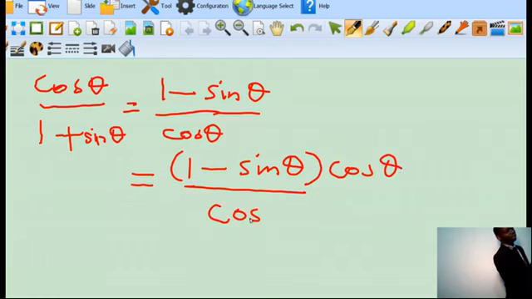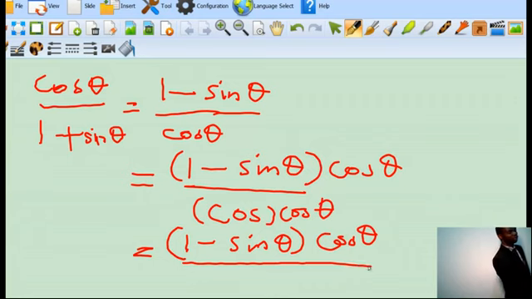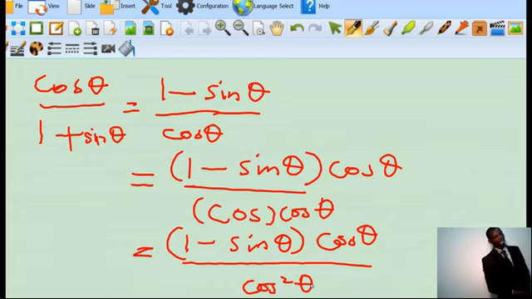What you will do here is multiply both sides by cos theta in order to arrive at an expression which gives 1 minus sin theta into cos theta all over cos square theta. And remember that cos square theta is equal to 1 minus sin square theta.